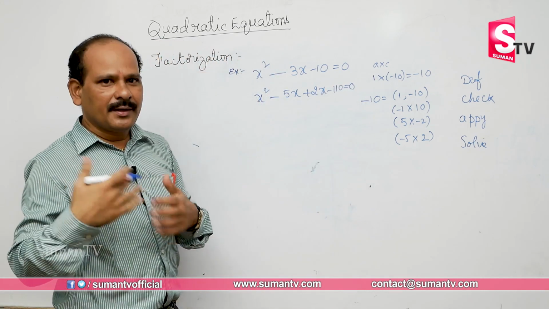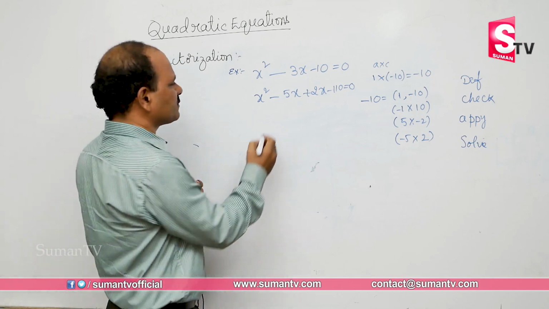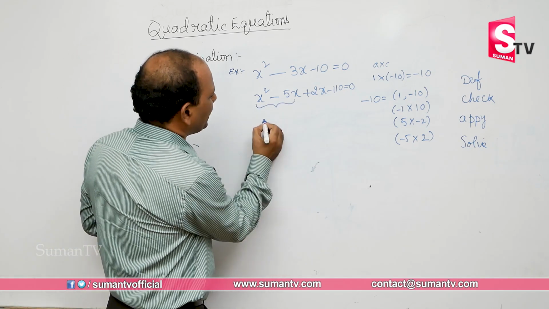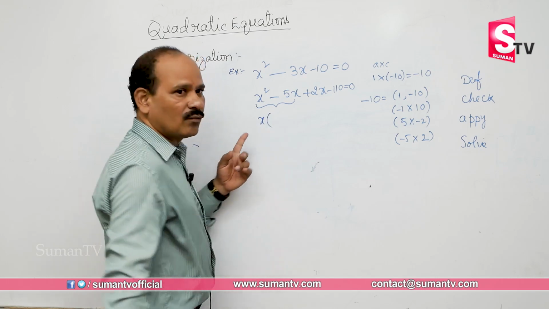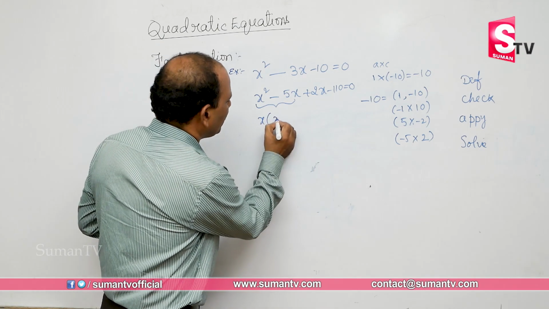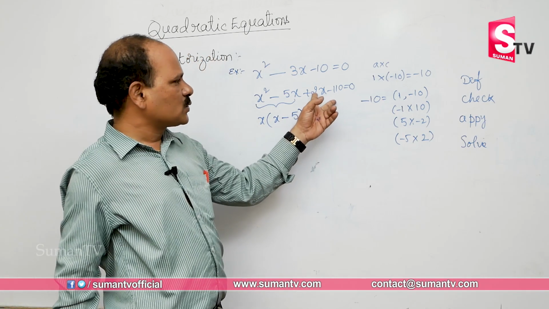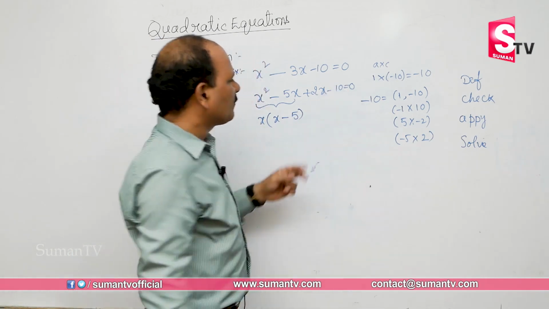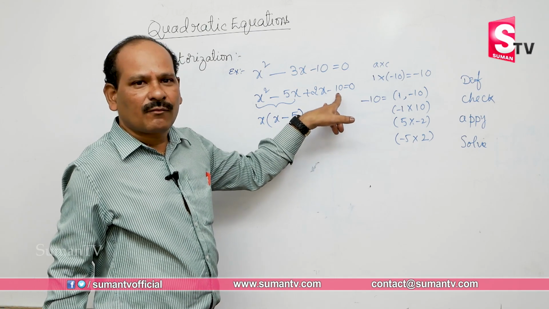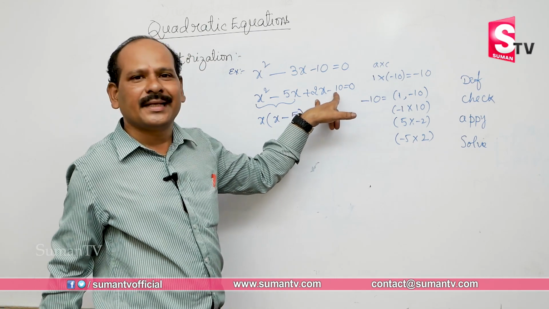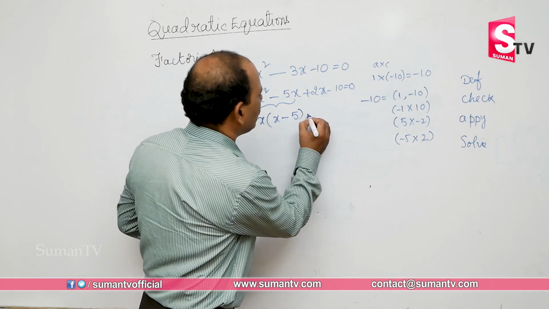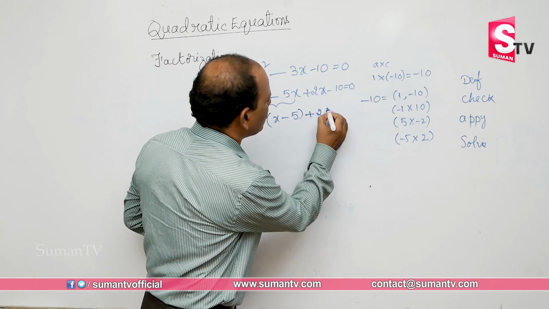The next part, take common from two terms. From these two terms, I am taking x as common. Once x went common, the remaining terms are x minus 5. From these two, 2x minus 10, I can take common 2. So, I am taking plus 2 as the common.